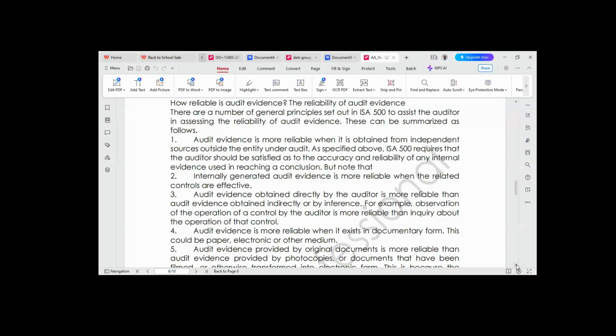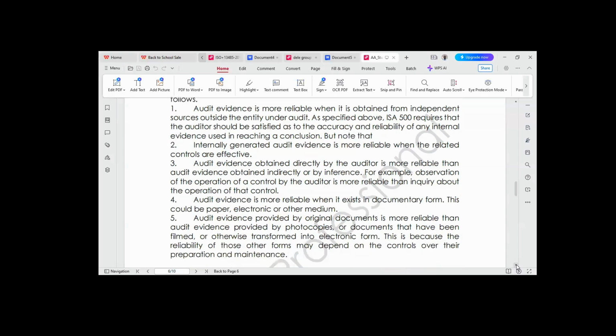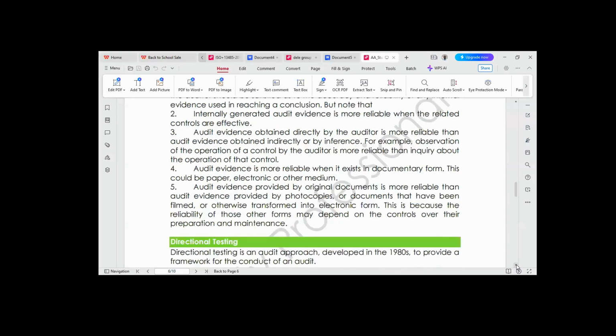So that's why auditors always request original documents. The original will always be one. You cannot have two originals, but photocopies can be several. That's how the auditor will carry out the test to be sure of the reliability of the audit evidence.